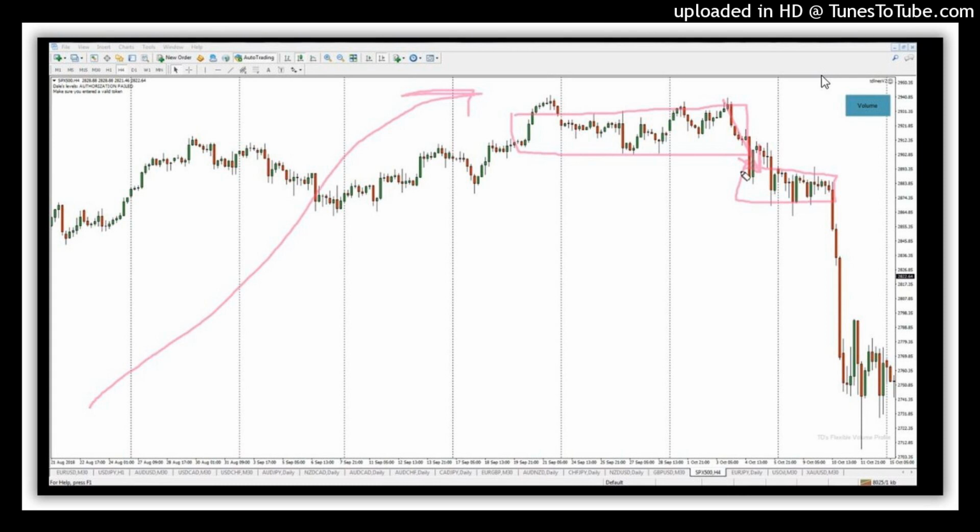One more thing worth noticing, this high, which worked as a resistance zone, the price went past it, it became a support. So that's another reason for the pullback being in here.